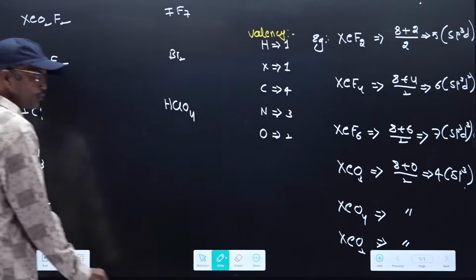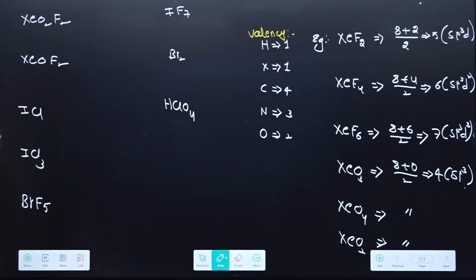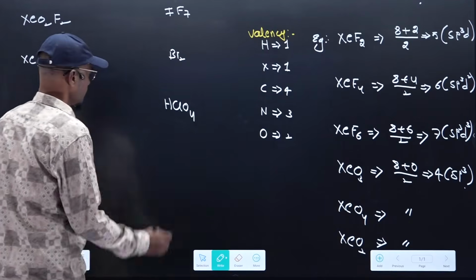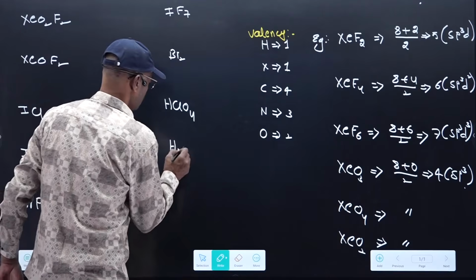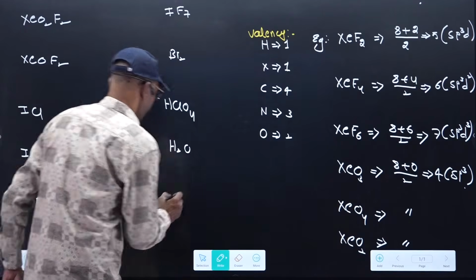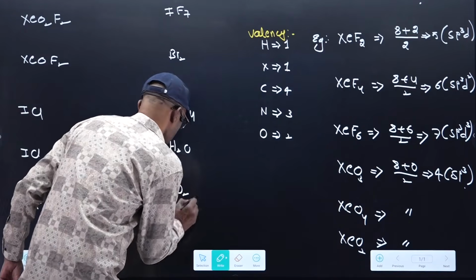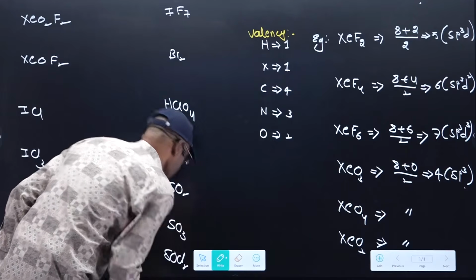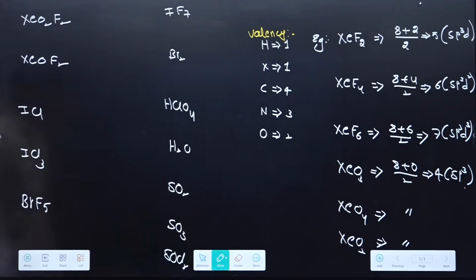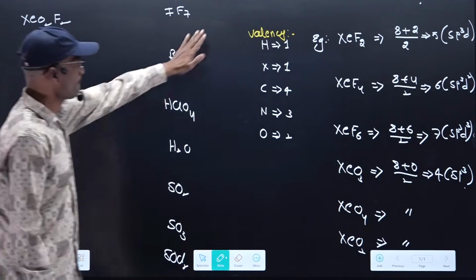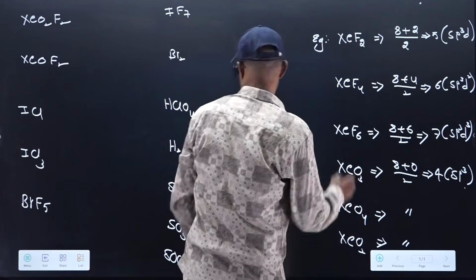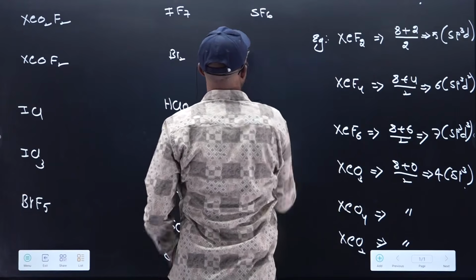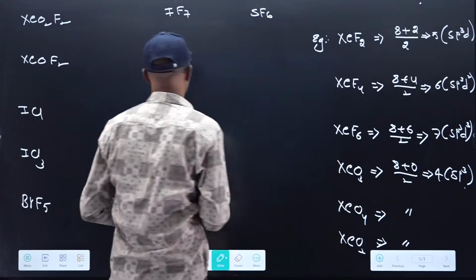HClO4, perchloric acid. H2O, sulfur dioxide, sulfur trioxide, S2Cl2. SF6.